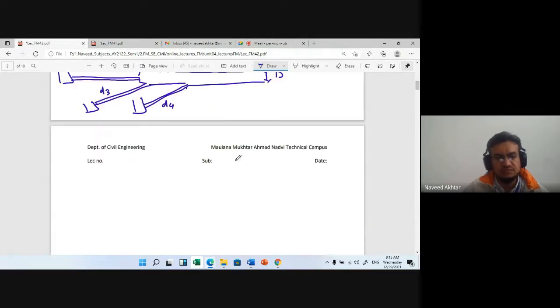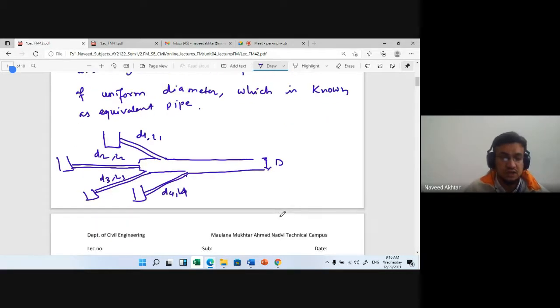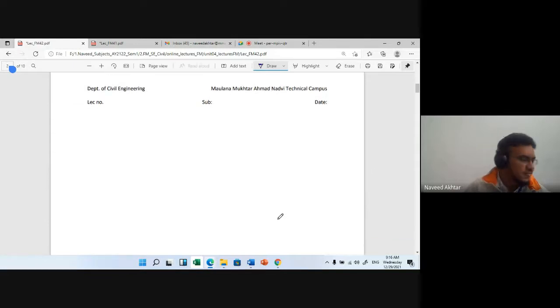So this is the equivalent pipe system, with D1, L1, D2, L2, D3, D4. If you convert all these different diameter pipes into a single uniform diameter pipe, that is the concept of the equivalent pipe system. The uniform diameter of the equivalent pipe is known as the equivalent diameter of the compound pipe, and its size may be determined by the following procedure.